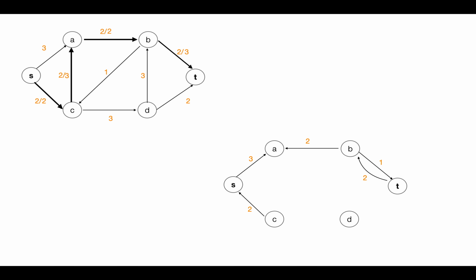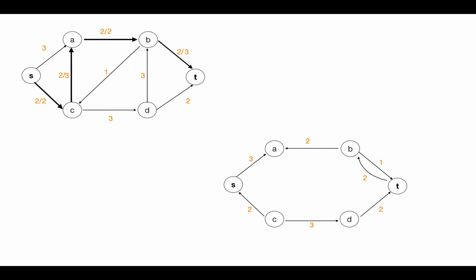Now CD, where currently there's no flow, so the residual capacity is equal to the capacity. And the same is true for DT, the residual capacity is 2. And now next edge, CA.